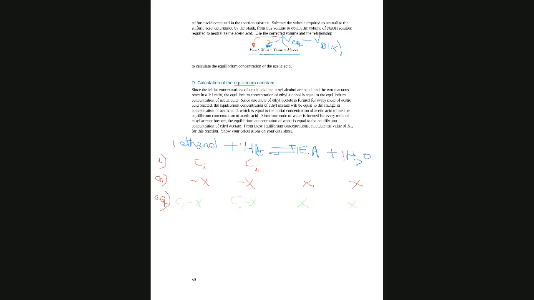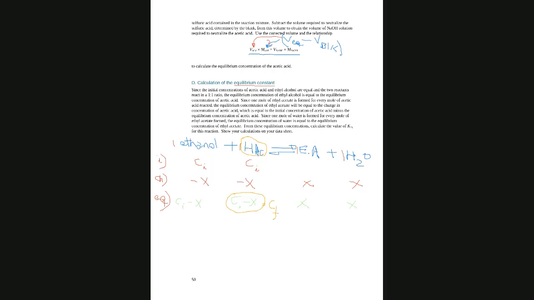But what other information do I have? I have the equilibrium concentration of acetic acid from the titration, and I will call it CF.